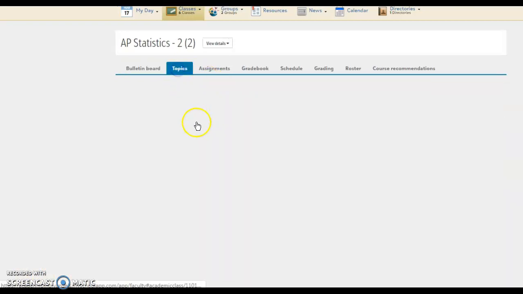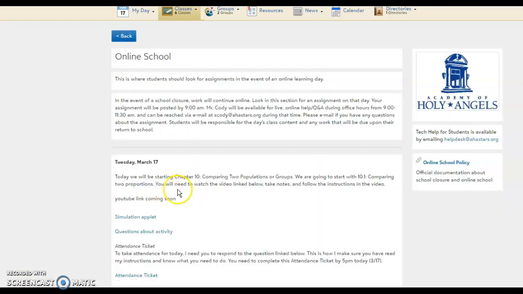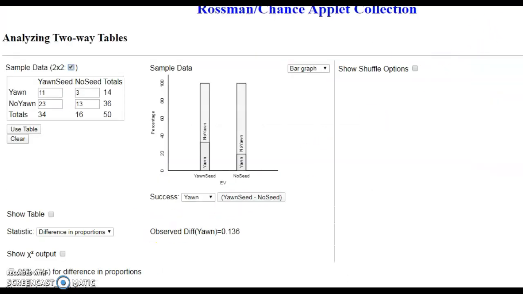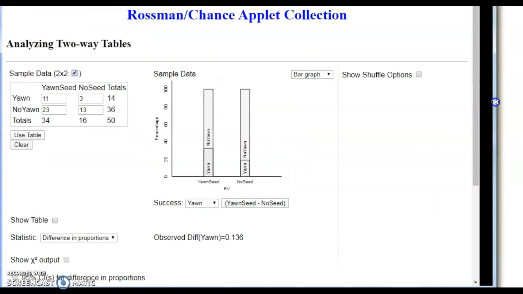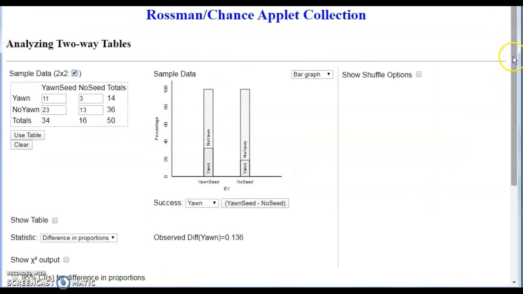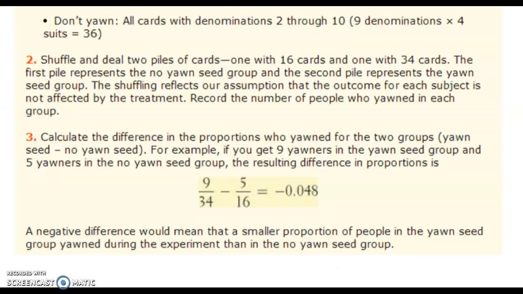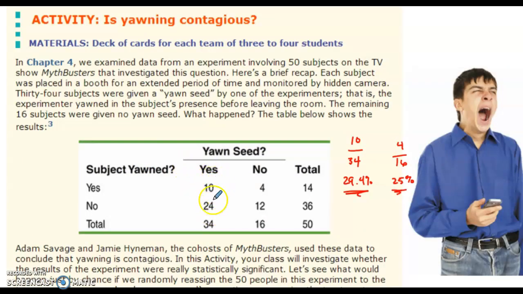On my page that you already went to, you can see there's a simulation applet. Go ahead and open that, and you can see that this is what we're going to use. I need to adjust the numbers a little bit.